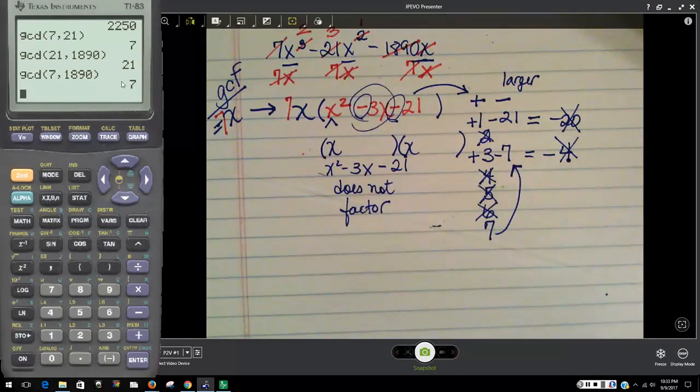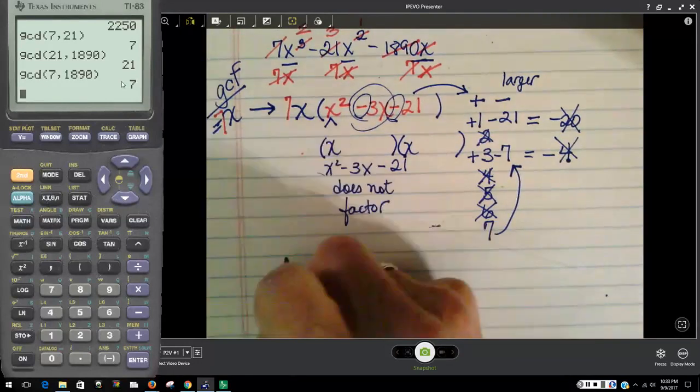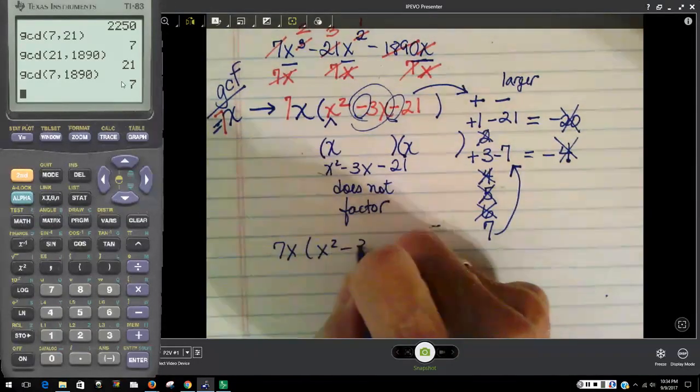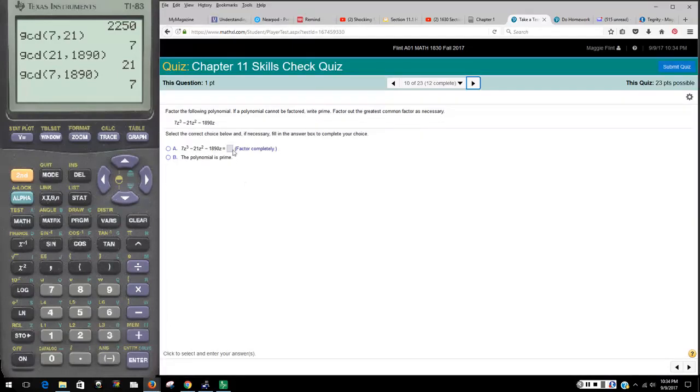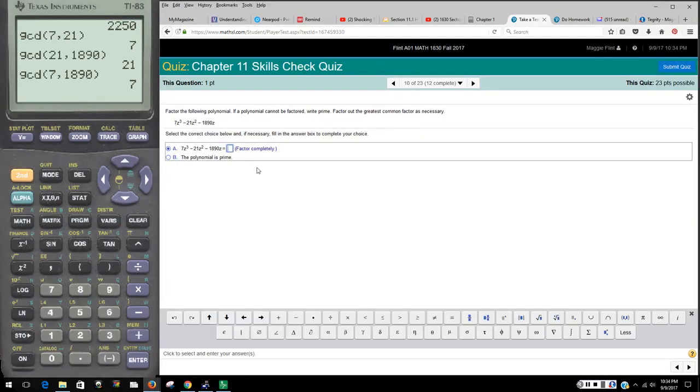So that means our completely factored polynomial is 7x times x squared minus 3x minus 21. And we're done.